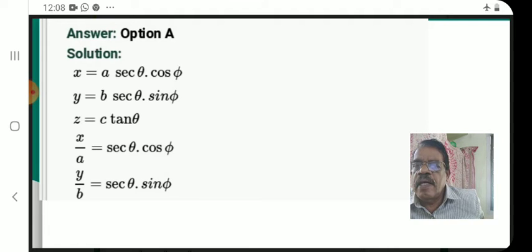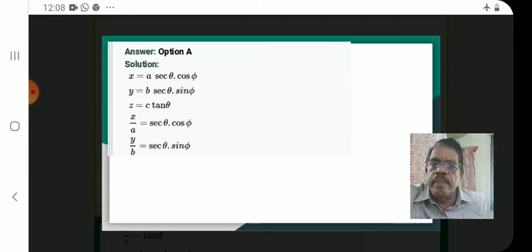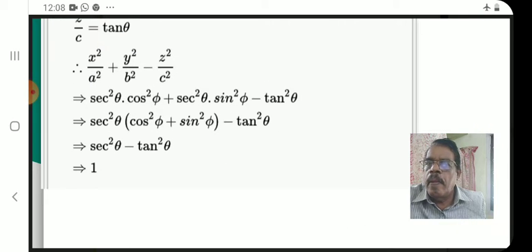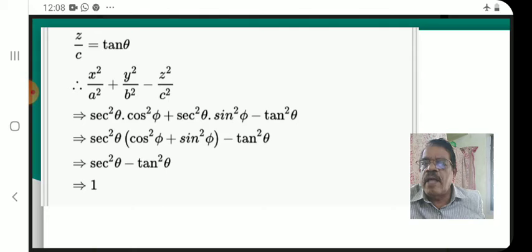x is a sec theta into cos phi, y is b sec theta into sin phi, z is c tan theta. So at first we find x by a, that is sec theta cos phi. Then we find y by b, sec theta sin phi, and z by c, tan theta.